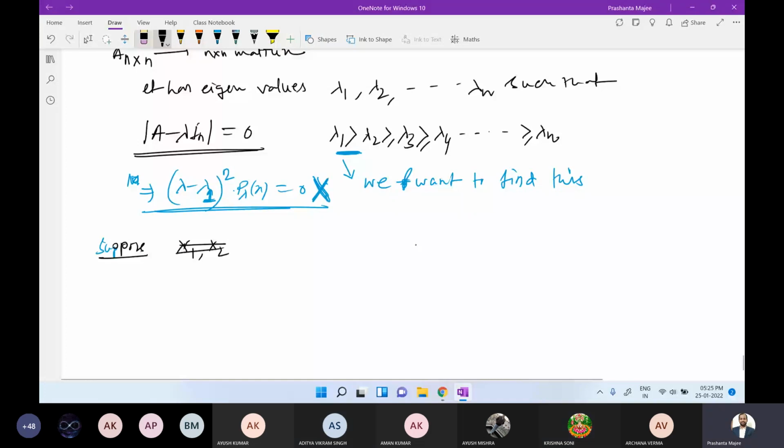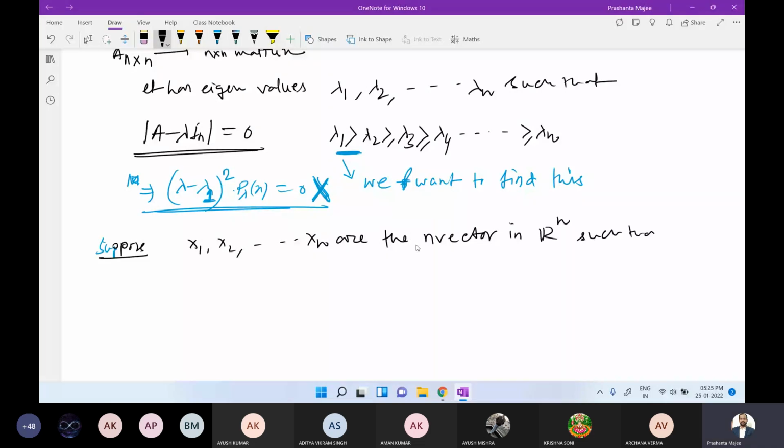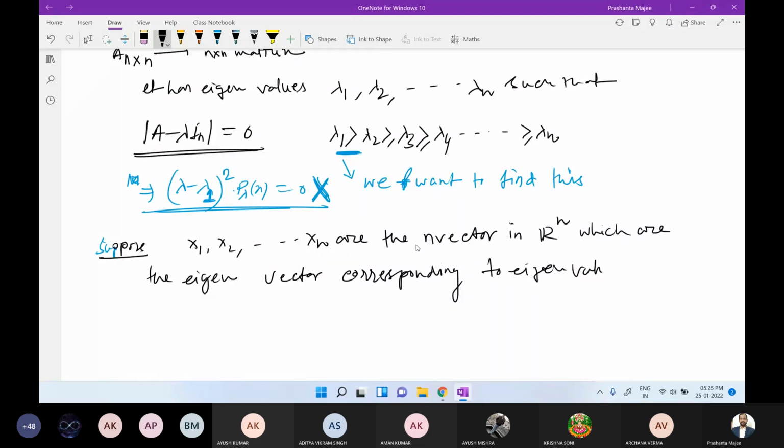Suppose x1, x2 up to xn are the n vectors in Rn, which are the eigenvectors corresponding to eigenvalues lambda 1, lambda 2 up to lambda n.